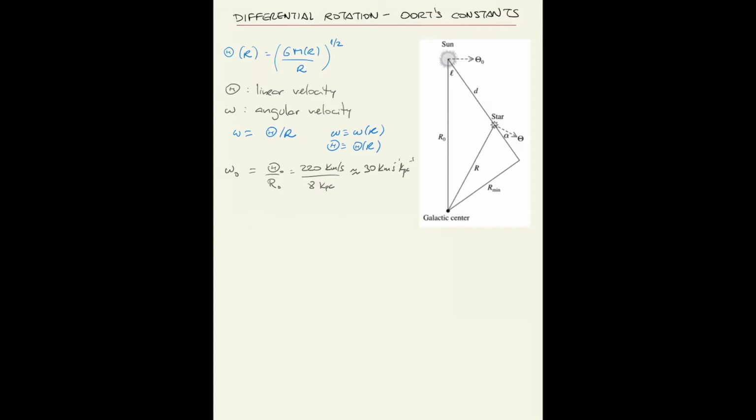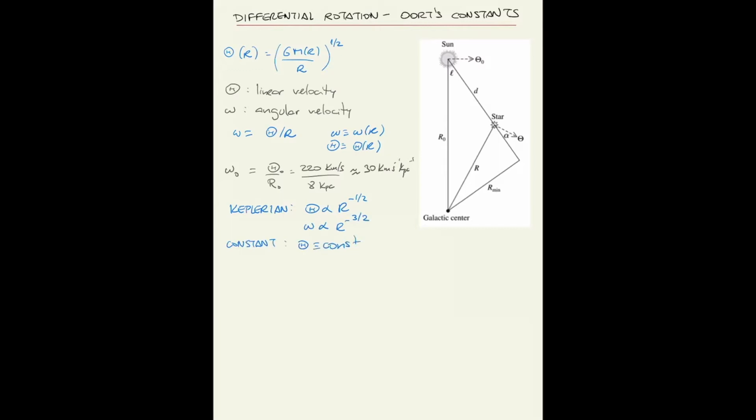So let's see what we expect to find. We know the Keplerian rotation is going to have the linear velocity falling as the inverse of the square root of the radius, and the angular velocity falling as the radius to the power minus 3/2. If you have constant orbital speed, which is a fairly good approximation for most of the Milky Way, capital Theta is constant.